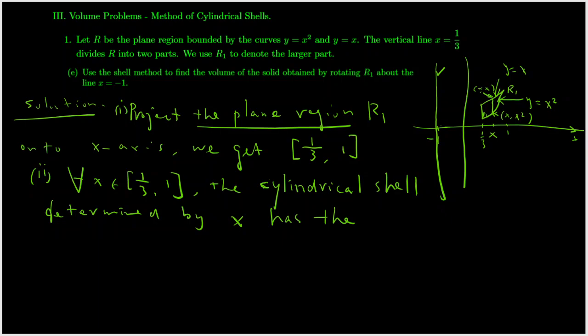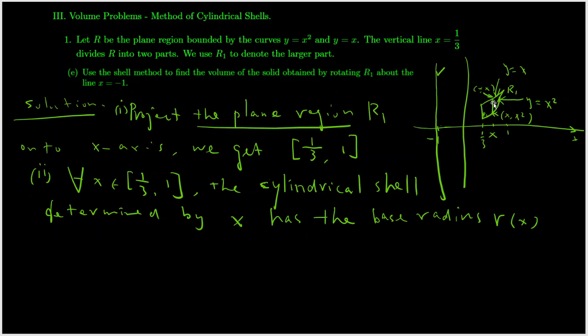Now let's talk about the base radius first. The base radius is denoted by r of x. Now follow the mouse cursor. The little line segment is here.